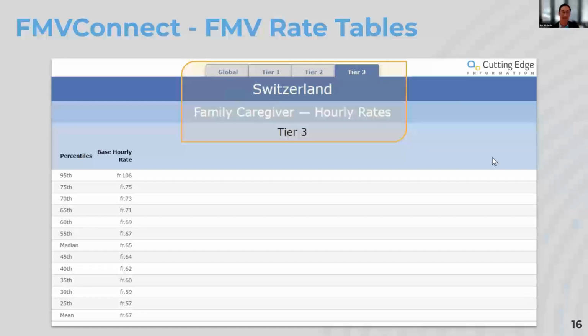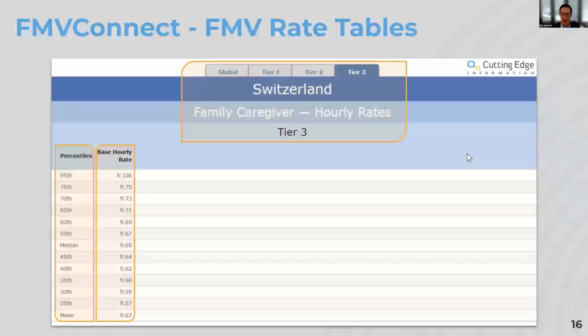Along the left-hand side of this slide, you see percentiles. So it's not just the median and the 25th and 75th percentile, like I showed you in the last slide. We show rates at quite a few more percentiles. And then most importantly, and we're going to talk about this more in just a moment, we identify the base hourly rate.